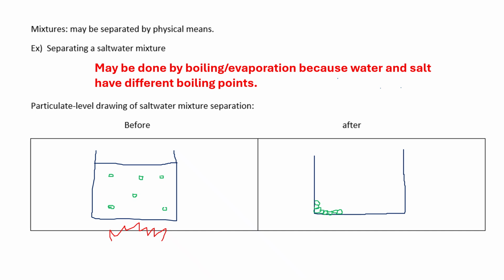And the water, of course, has all gone. The water still exists. We didn't destroy it, but now it just exists as these little gas particles floating around in the air. So we just separated a salt-water mixture through physical means. In this case, the physical means would just be boiling.